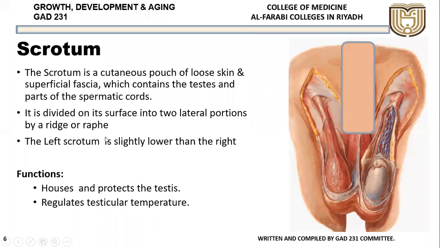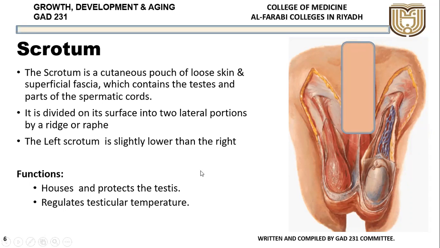The left scrotum is always lower than the right. The right will be slightly higher and the left slightly lower. This is always the position of the right and the left testis. The left testis is always slightly lower than the right testis.